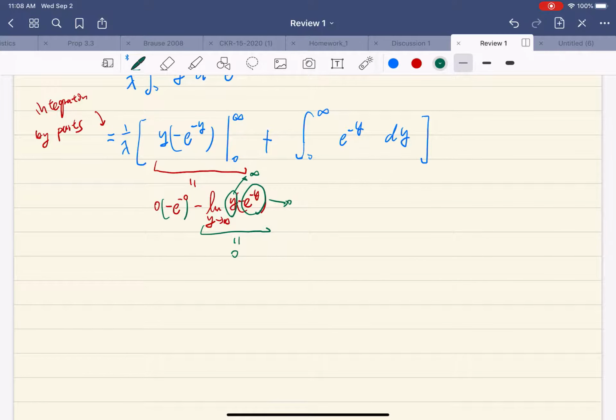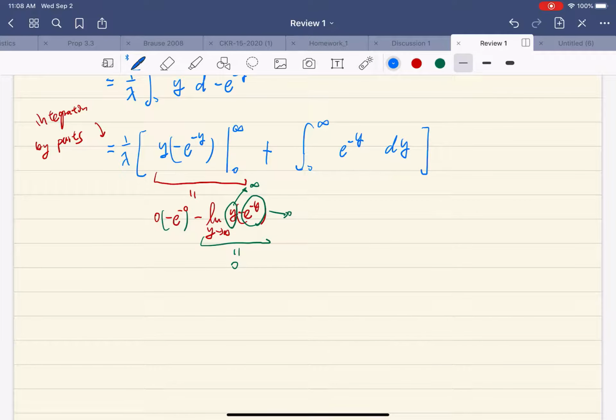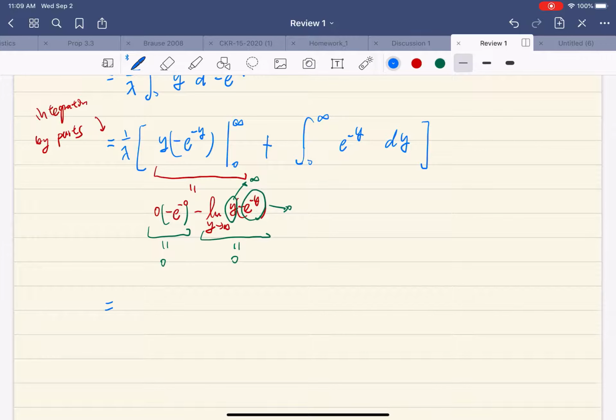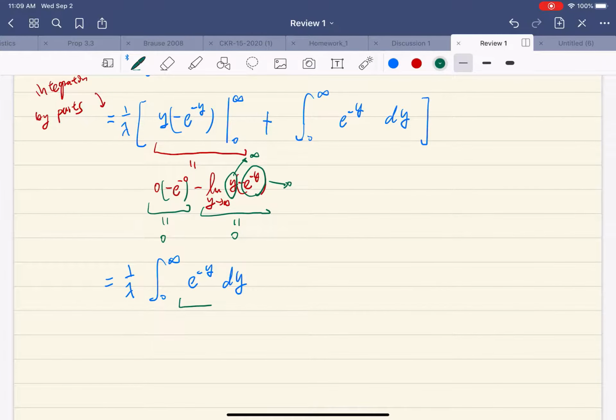So the whole term is 0, and the first term is absolutely 0. Okay. So we have 1 over lambda times the integral of e to the negative y dy. And we know how to integrate the exponential function. So it is 1 over lambda times negative e to the negative y from 0 to infinity, and we get 1 over lambda. Okay.